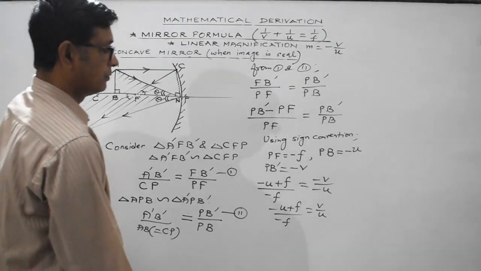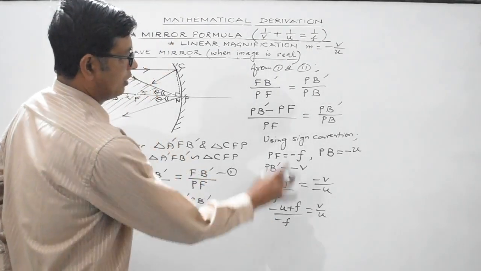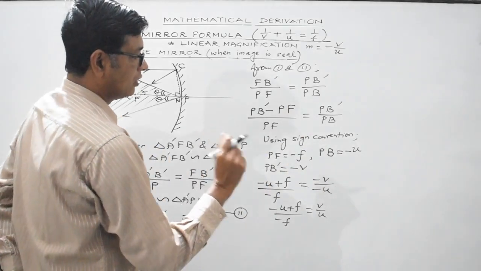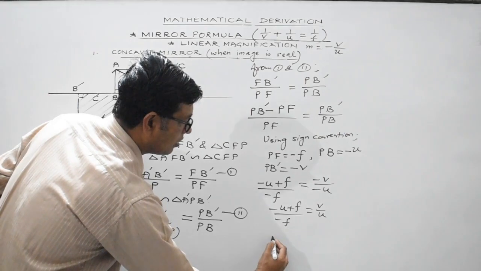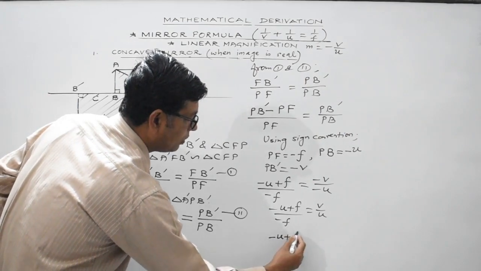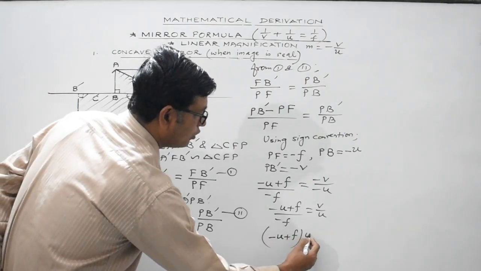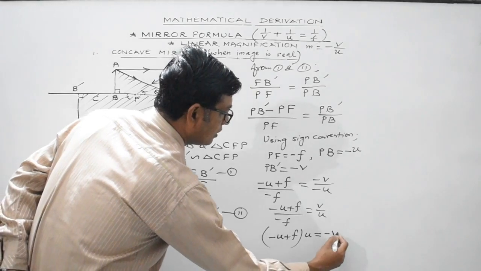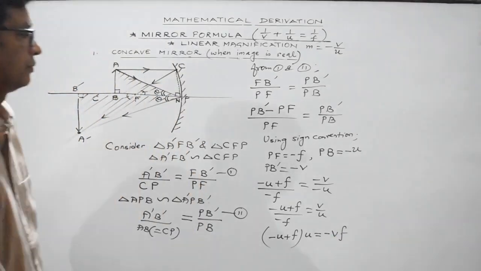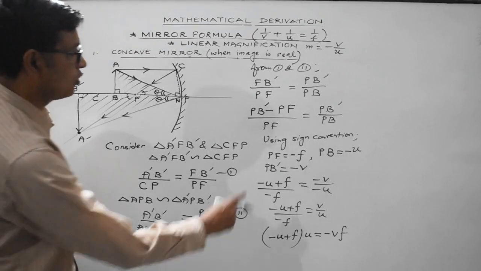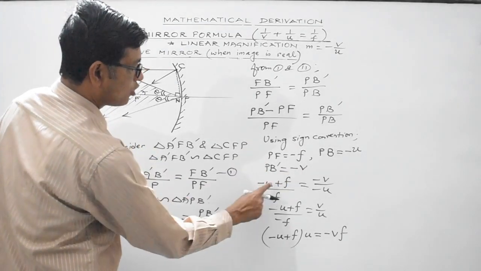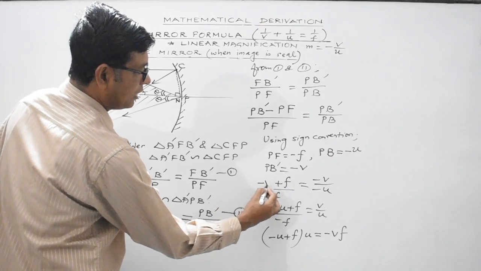This is the expression, isn't it? So let's cross check it. So we will obtain (minus U plus F) into U is equal to minus VF. Right? Actually, this is PB'. PB' should be minus V over here. So place minus V.